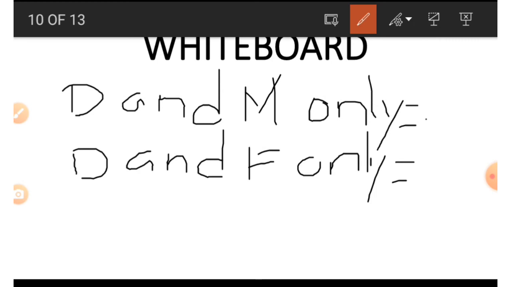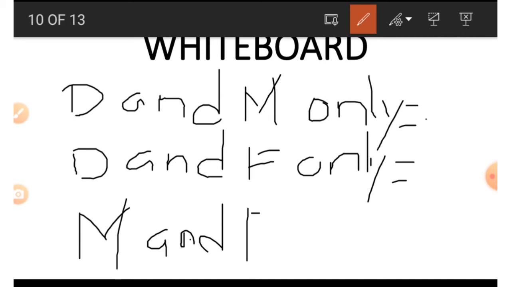Then the last one is going to be how many pupils offer music and what? French only. Music and French only. So these are the 3 portions we want to look at now.